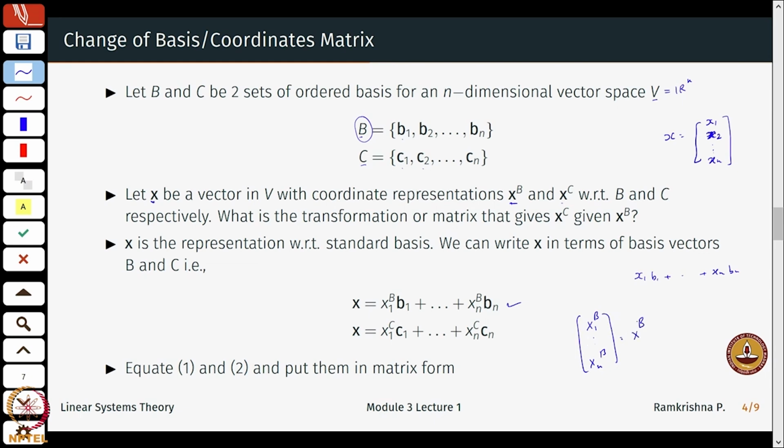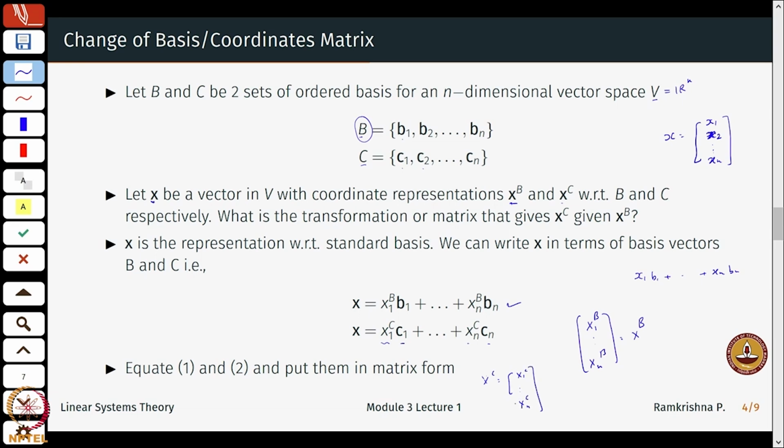Similarly with xc. So this x can be written as x1b times b1 till xnb times bn. The same vector in the basis c can be written in this way. What changes? Since the basis changes, the coordinates will also change. So I will have xc written as x1c all the way till xnc.